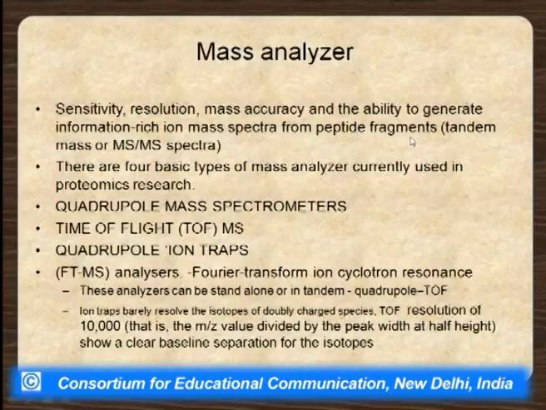We will discuss peptide fragments in tandem mass spectrometry, and there are four types of mass analyzers that are used for proteomic research. We will be discussing time of flight and quadrupole mass spectrometers. The other two are quadrupole ion traps and Fourier transform ion cyclotron resonance mass spectrometer devices.